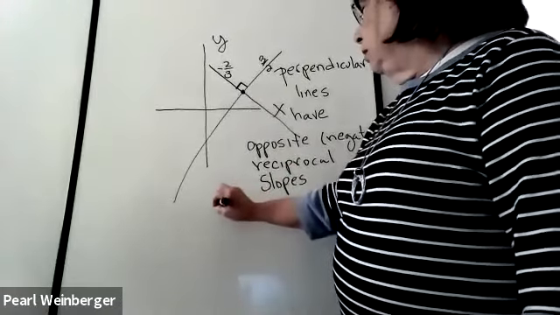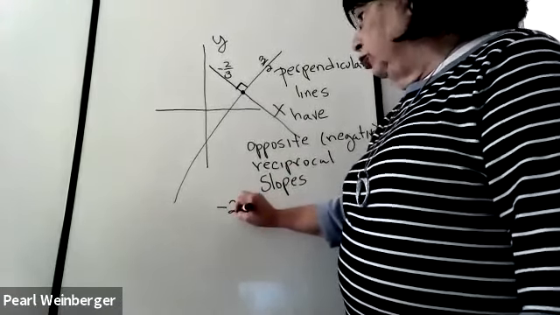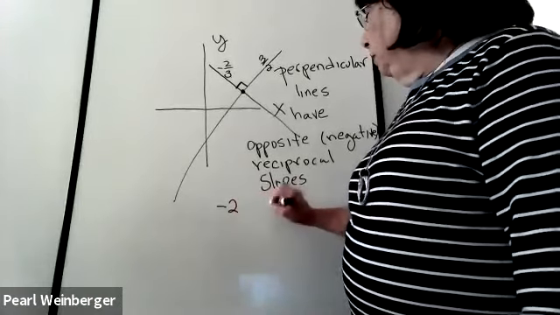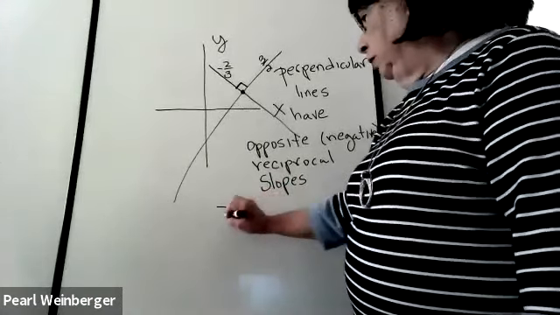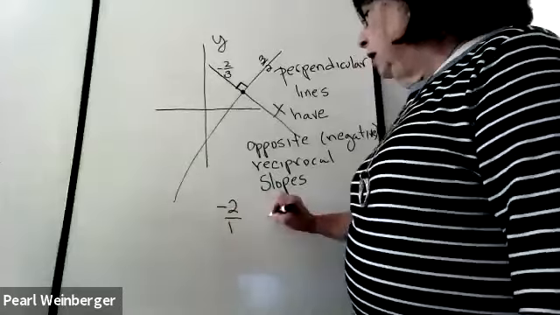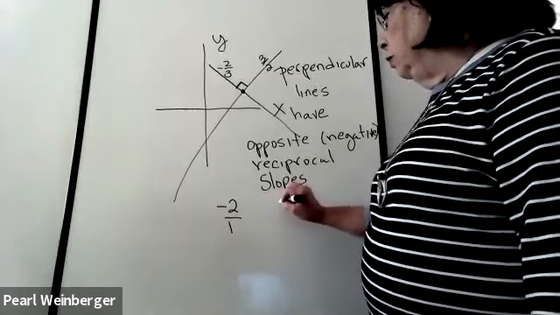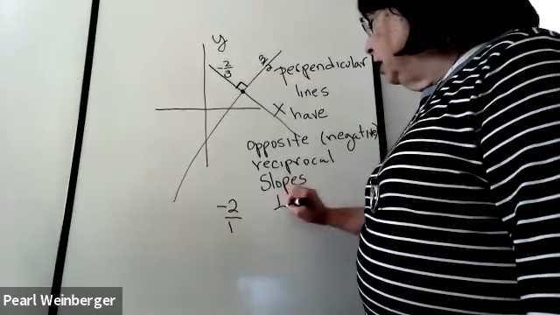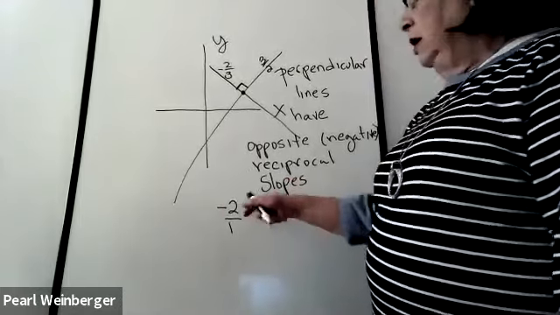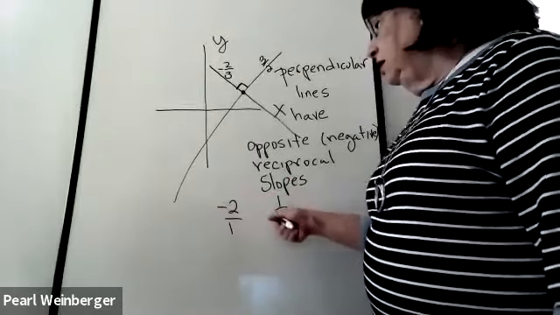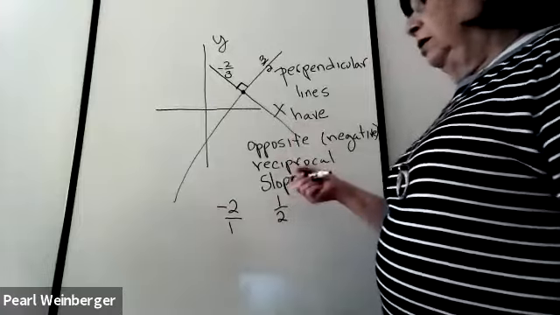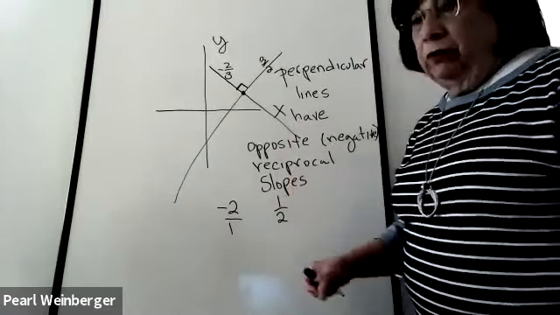Here are some other examples. If I tell you the slope of one line is -2, which is really -2/1, then the perpendicular line slope would have to be +1/2. It's the opposite in sign, and the fraction is flipped over.